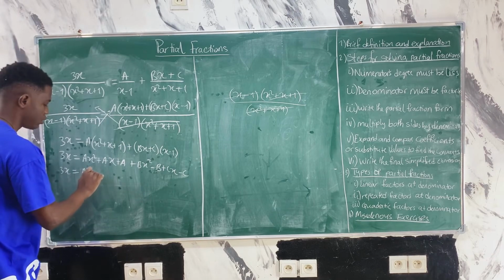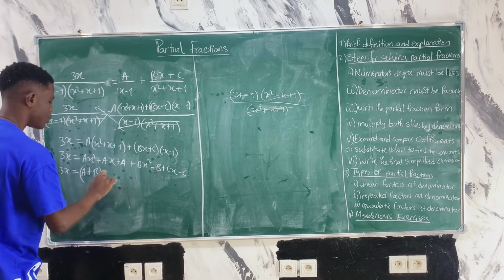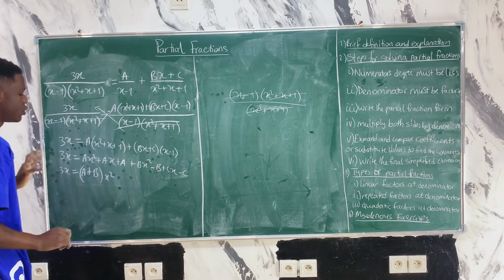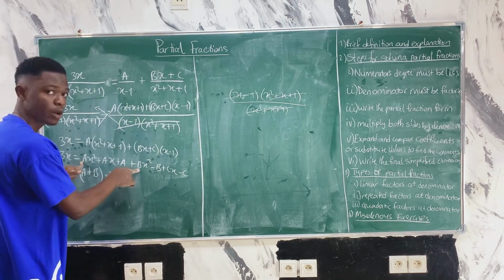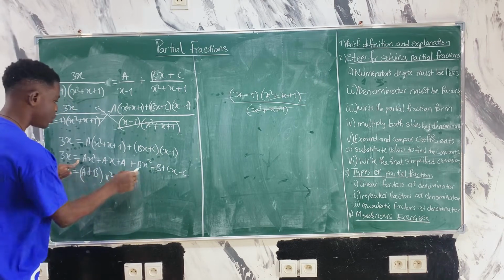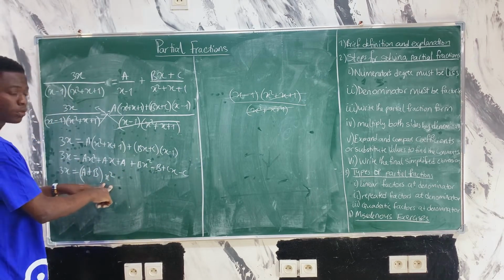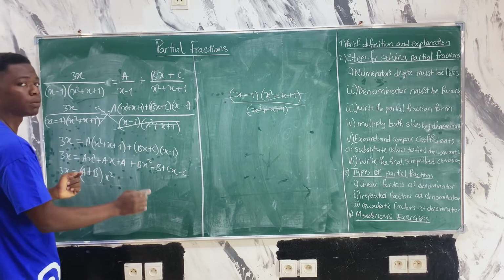I'll have a plus b. That is all that has x squared. I put it into bracket x squared. So I check what has x squared. I can see that a here has x squared. I can see that b here also has x squared. What else has x squared? Nothing. So I put my a plus b all into x squared, because when I expand, I'll have ax squared plus bx squared back.